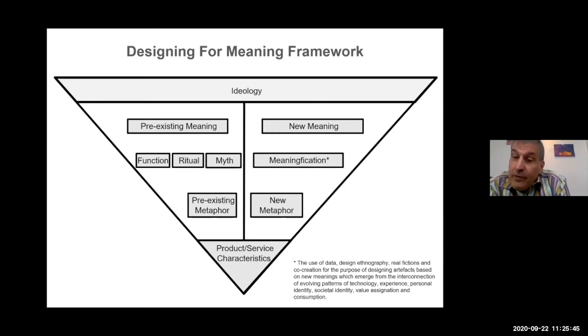The first type of question we need to ask ourselves is, are we going to be leveraging, pulling the levers in the minds of the public, or are we going to be leveraging a traditional existing known metaphor? A car is a car, an eyeglass is an eyeglass, shoes are shoes. There's certain things which have traditional pre-existing meanings associated with them.